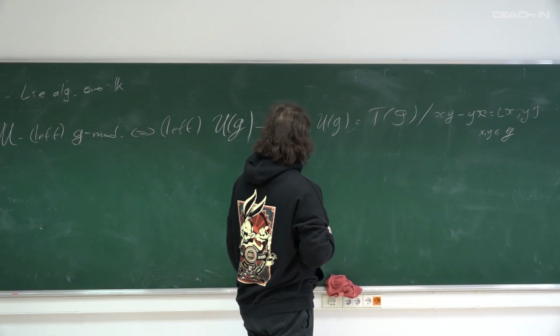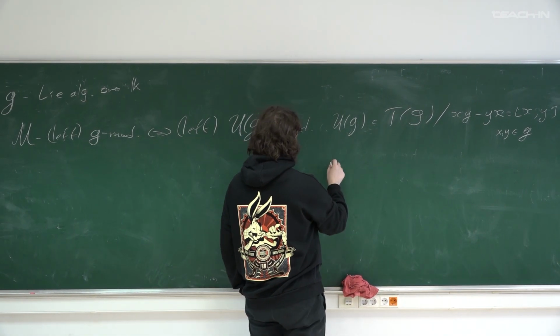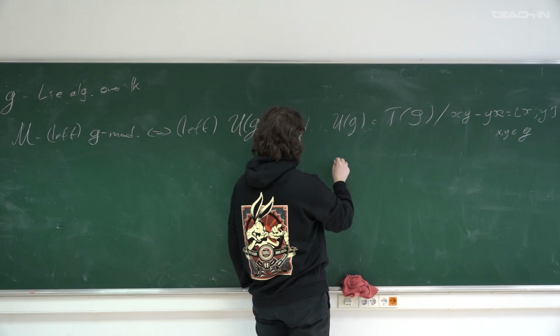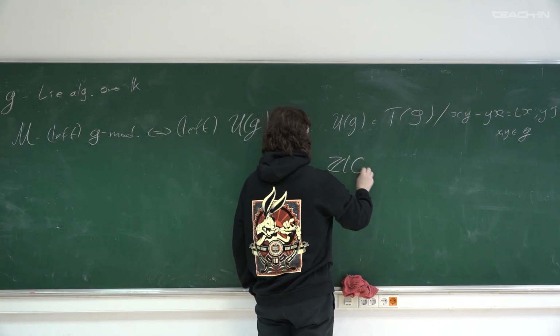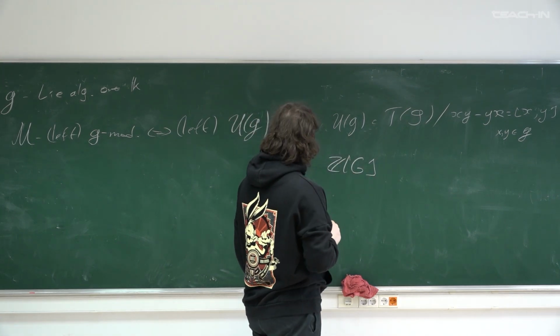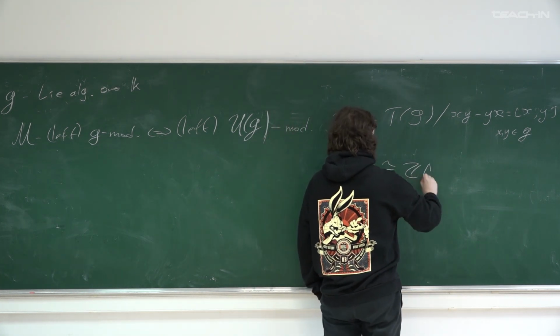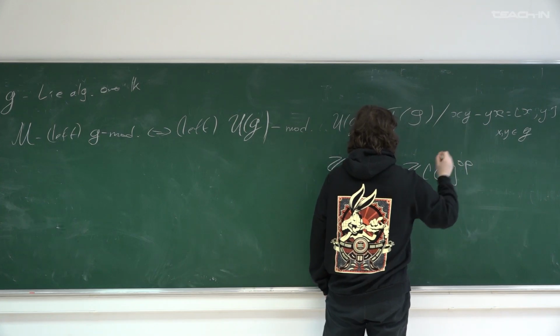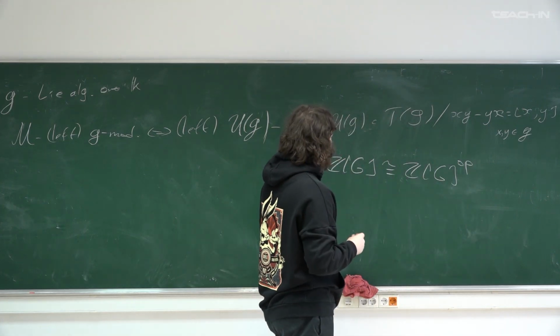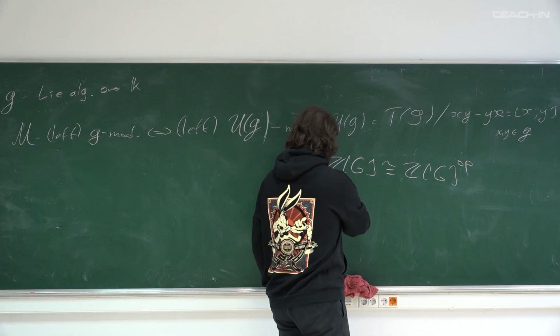We can notice that, as for group modules over group rings, the group ring is isomorphic to its opposite. The opposite of the group ring is the same abelian group with multiplication in the opposite direction.